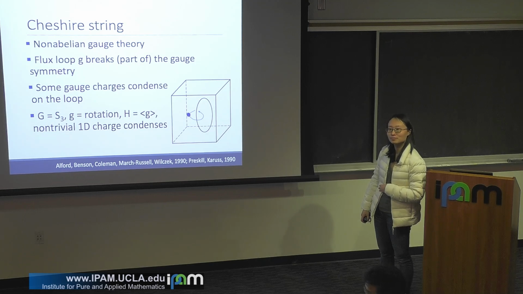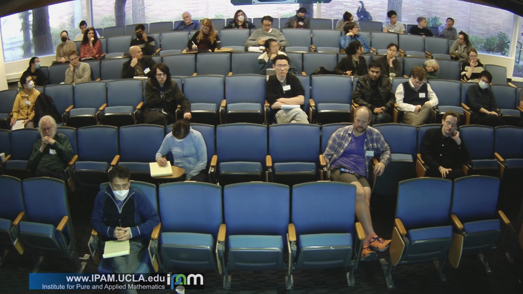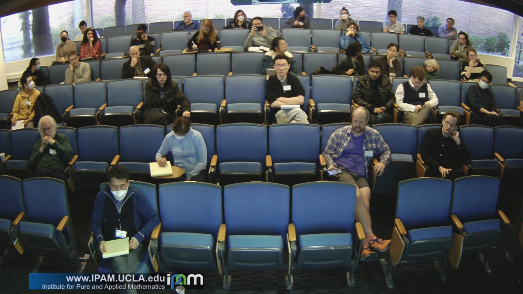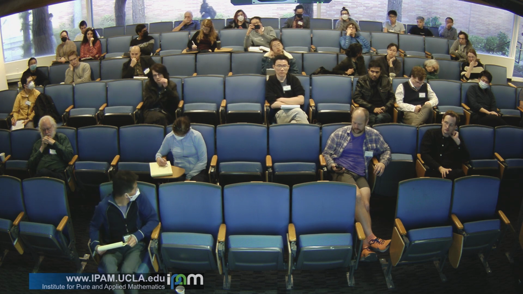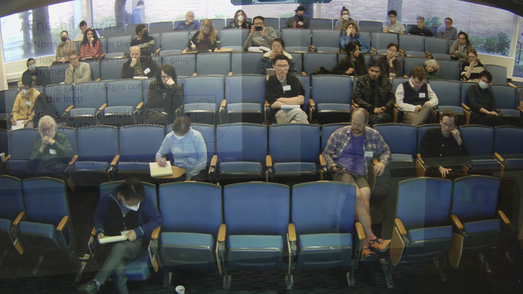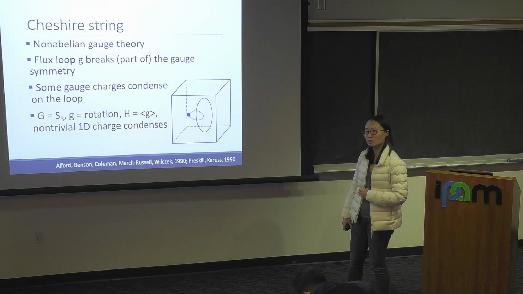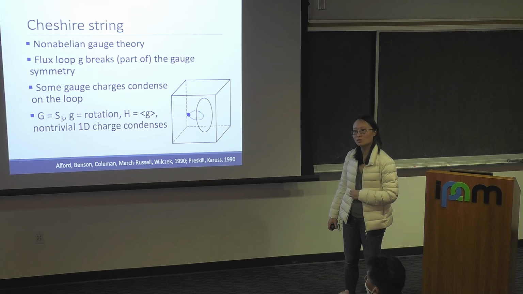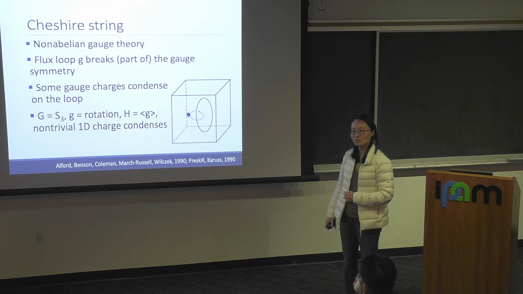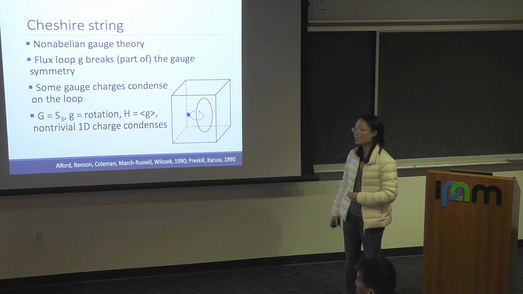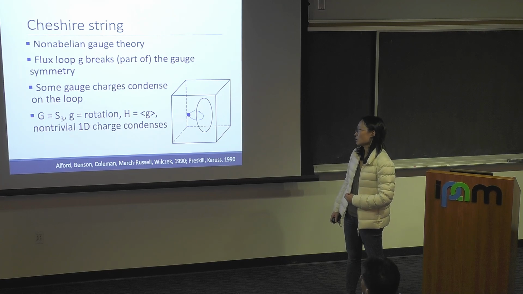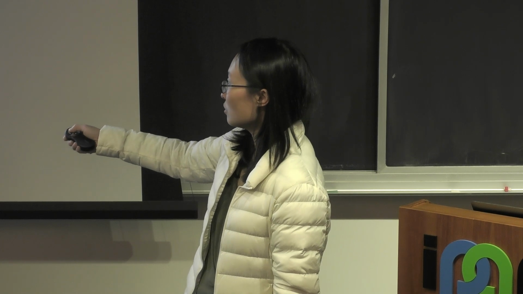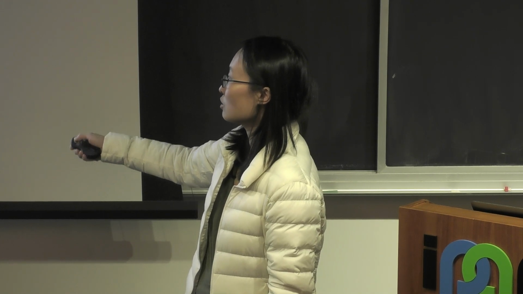So what's the difference between an ordinary loop excitation and this kind of Cheshire string? In toric code, you can also have an ordinary loop excitation. Yes, but this is also a loop. Here, for the non-abelian gauge theory, I'm still talking about a gauge flux loop.